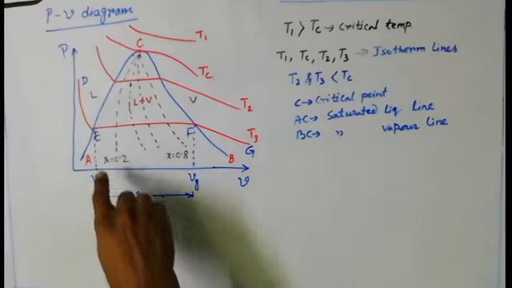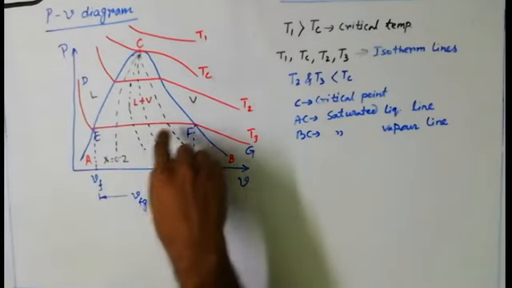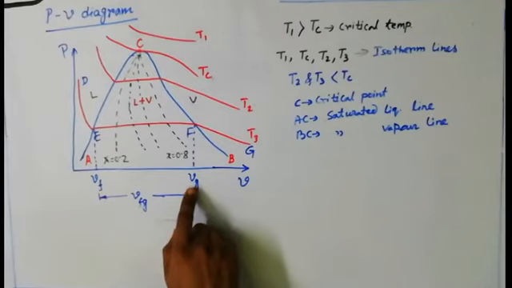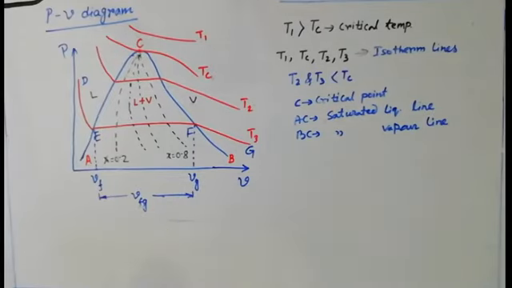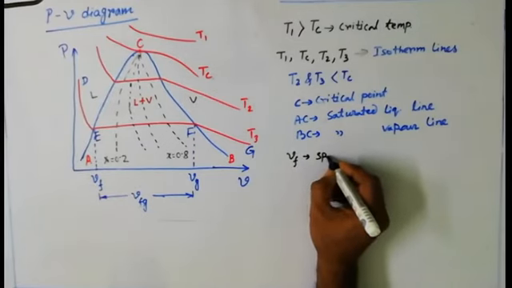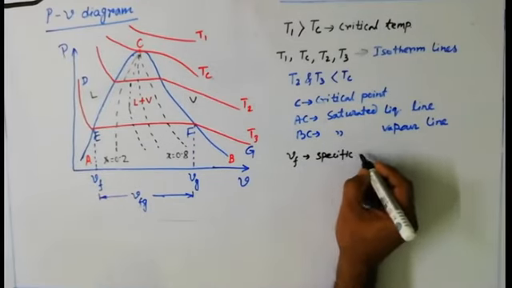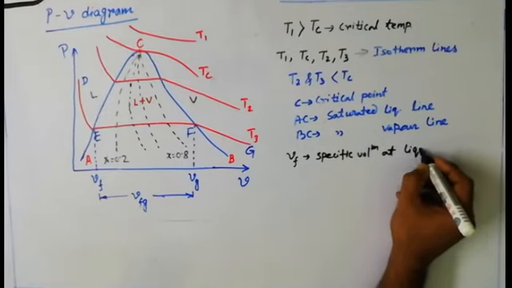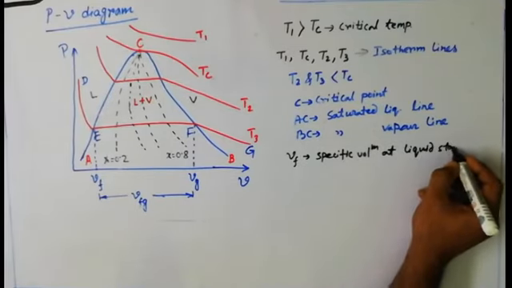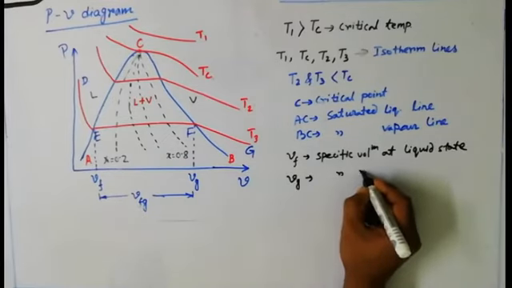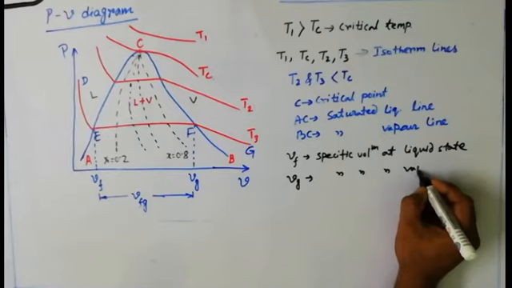Now you can see I have drawn 2 dotted vertical projections. One is named as Vf and one is named as Vg. What are they actually? They are basically the specific volume. Vf is nothing but the specific volume at liquid state, and Vg is also the specific volume but at vapor state.